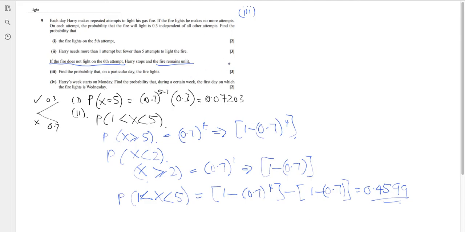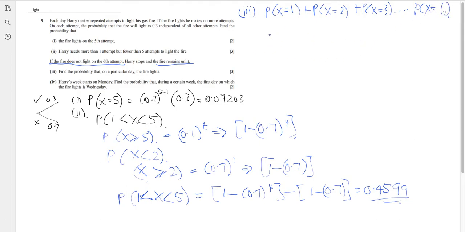Basically, you have to find the probability that on any particular day the fire lights. So the fire lights could be P(X = 1) plus P(X = 2) plus P(X = 3) and all the way to P(X = 6).